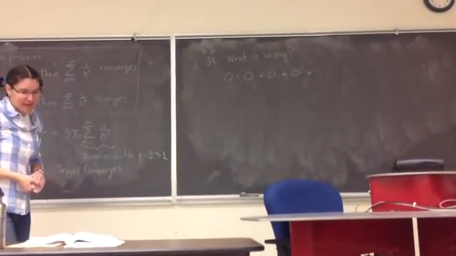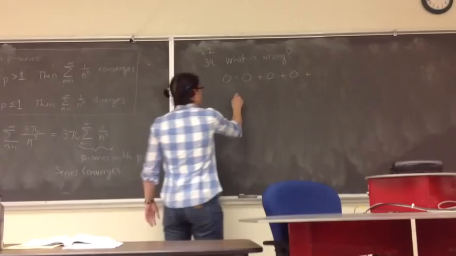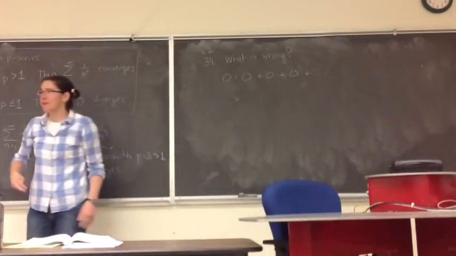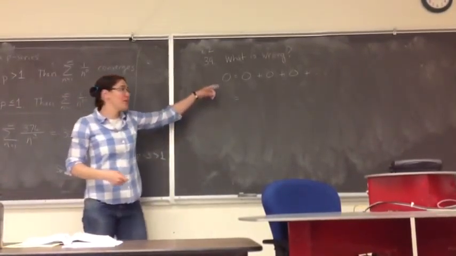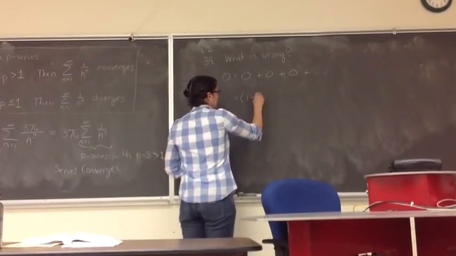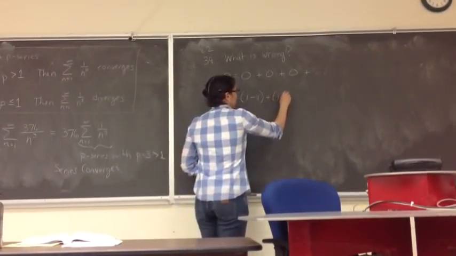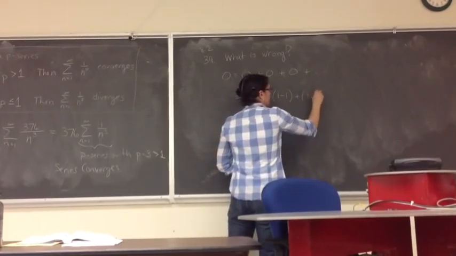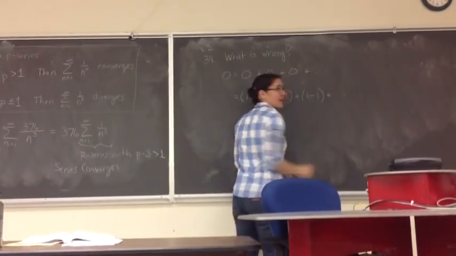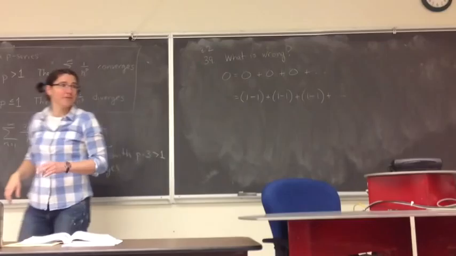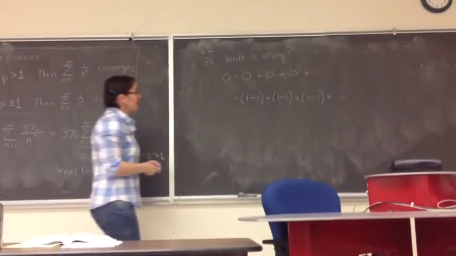And so then this person, this pseudo-mathematician, said, okay, well, 0 is equal to 1 minus 1, so I'm going to write this as 1 minus 1 plus 1 minus 1 plus 1 minus 1 plus dot dot dot.